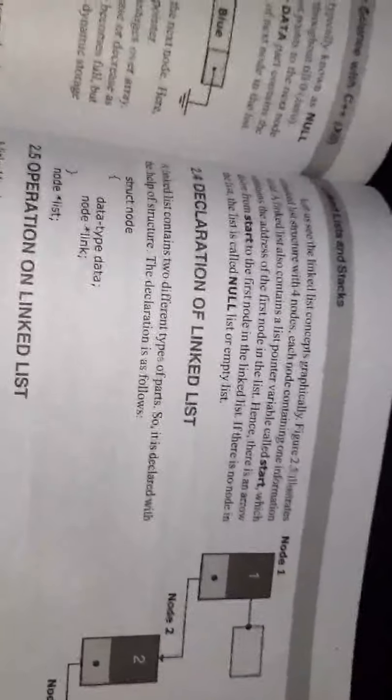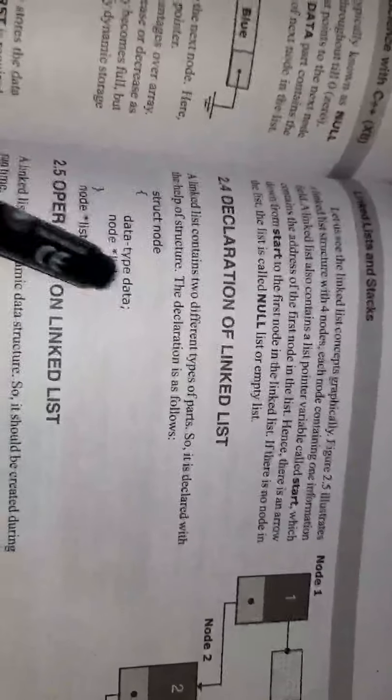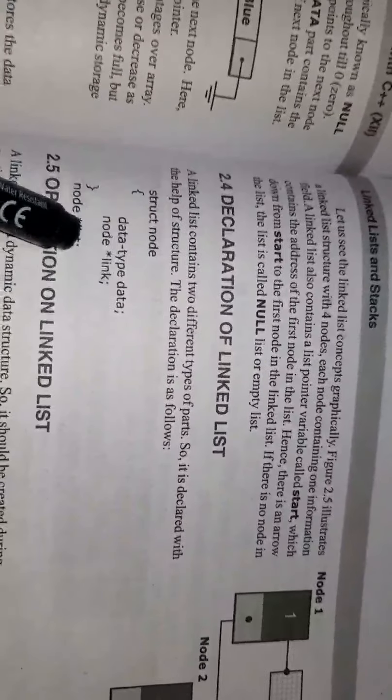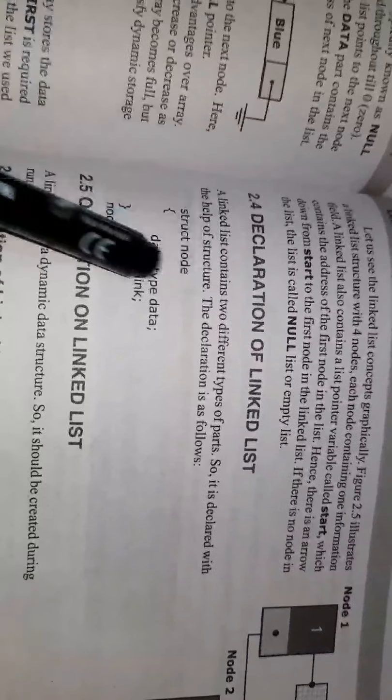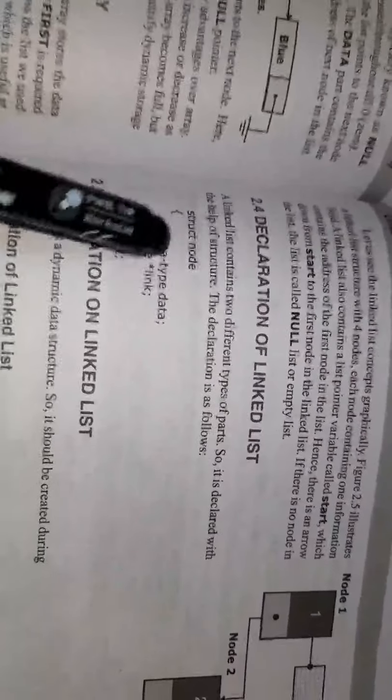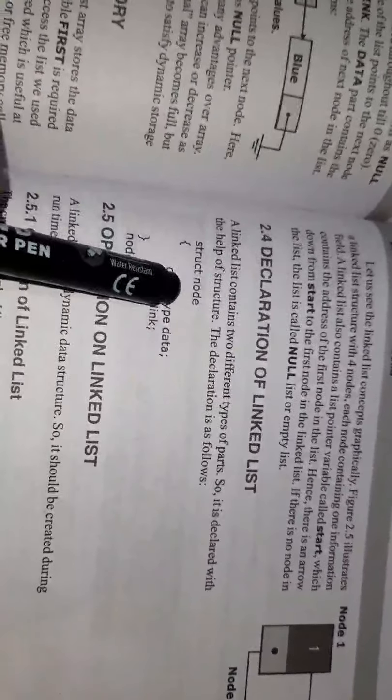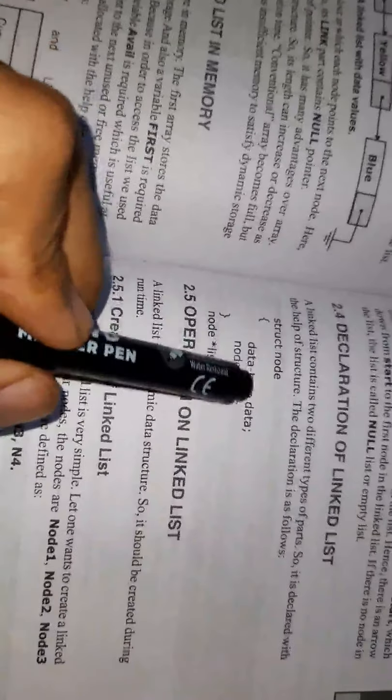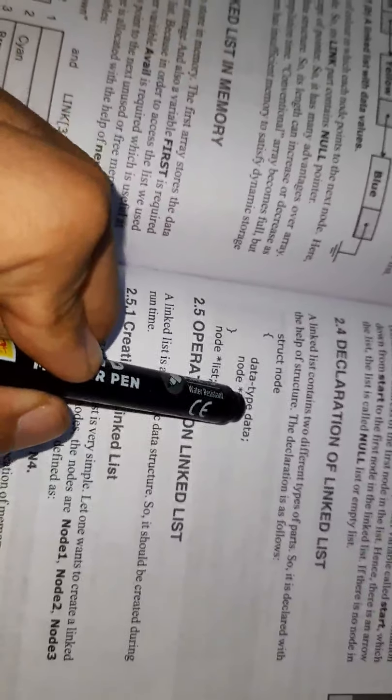Now when you have to declare this linked list, you use the structure method. As you are already familiar with the concept of structure, here the data type and the data represent the variables where you'll be entering and storing the values, and evaluating on that. This node link means the second array element link, which will point to the address.